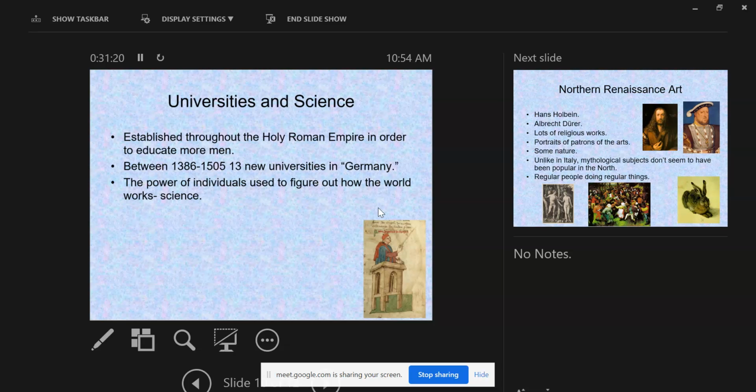And so in Germany, at this point in time, you have 13 new universities being established by various rulers who want their people, the elite, to become educated so that they can become more moral and good, and maybe lead society in a better direction.